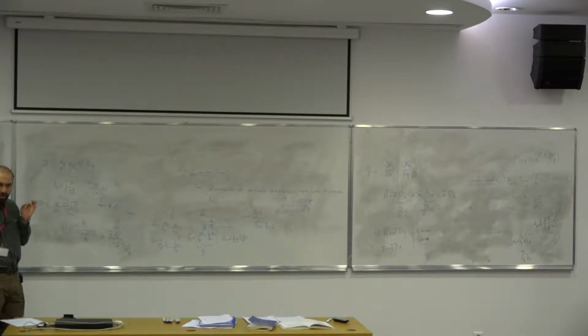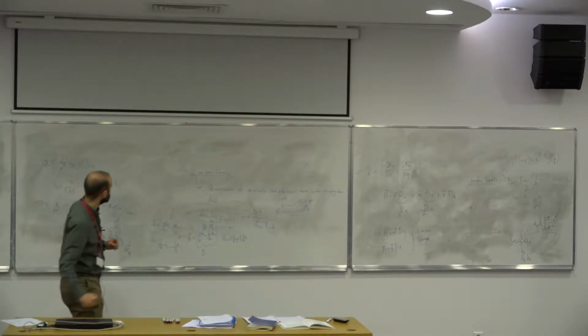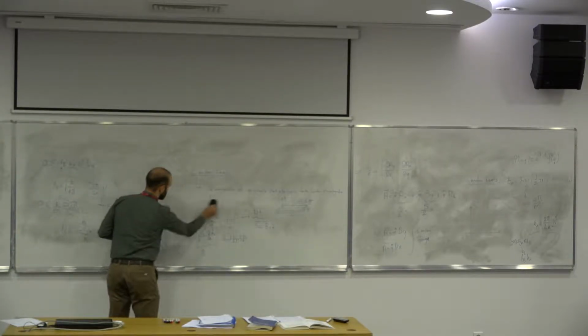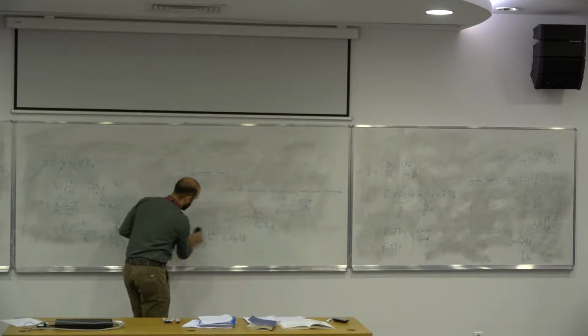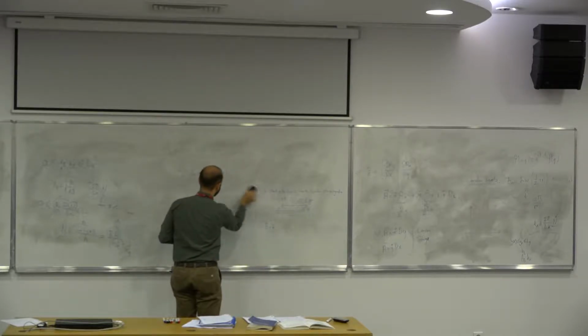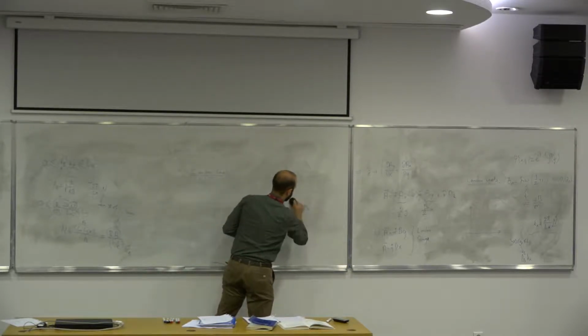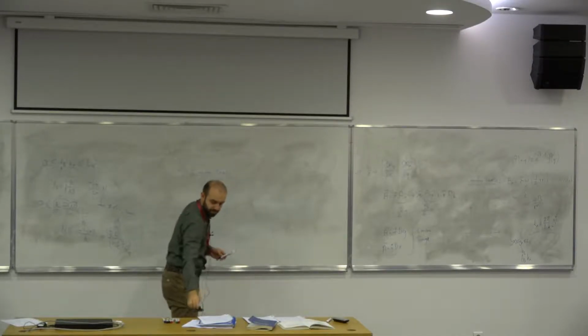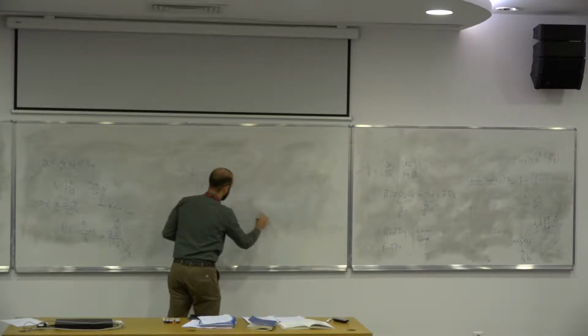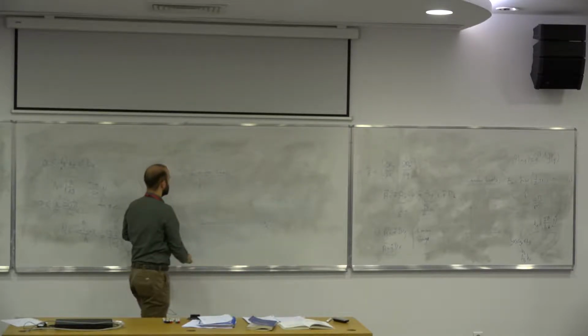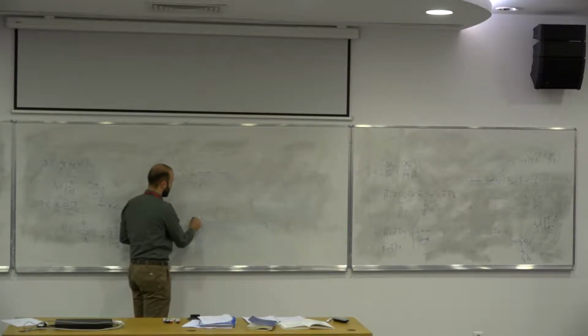So per each Landau level, let me get rid of this part. Per each Landau level, if I draw, this is my K, this is the energy, so I can start with 1/2 h bar omega, 3/2 h bar omega, 5/2.